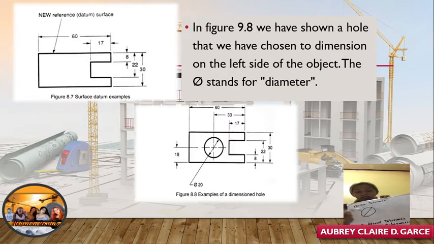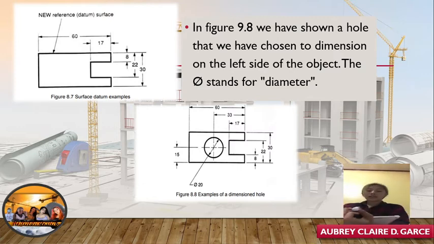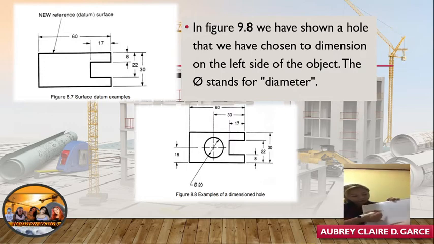But if this sign, a plus sign, becomes equal to the side, that is what we call traditional tolerancing or traditional tolerance. The example used in position tolerance is this one.